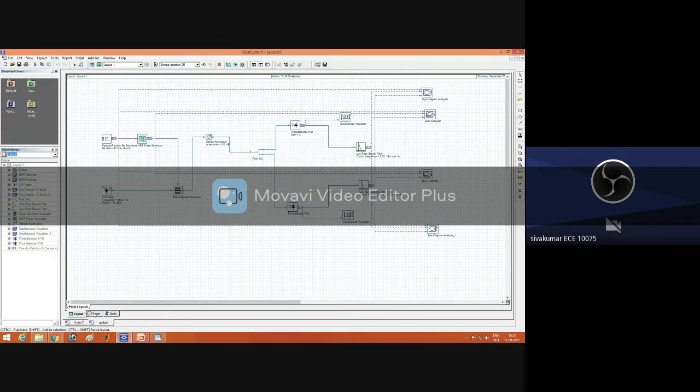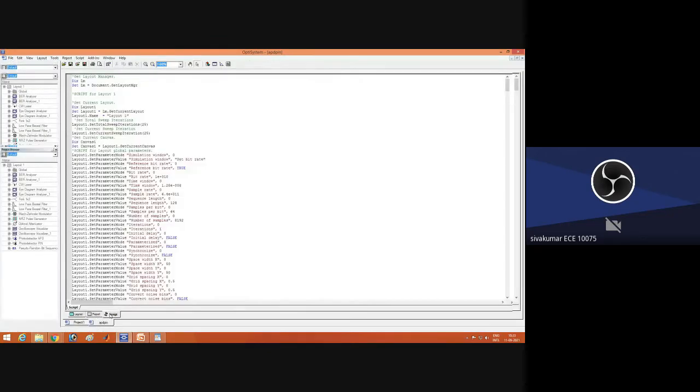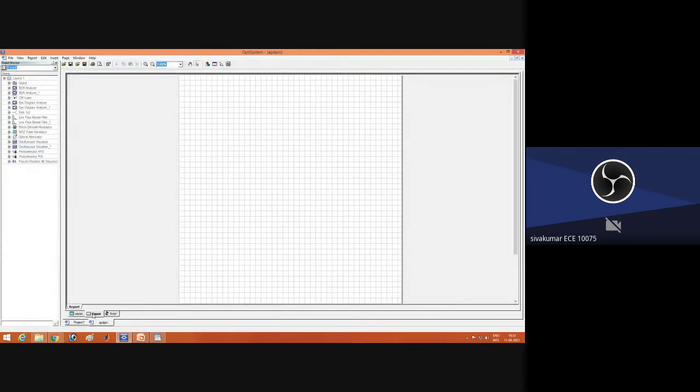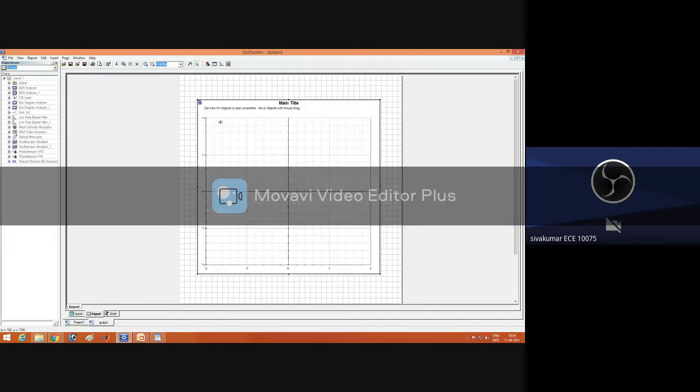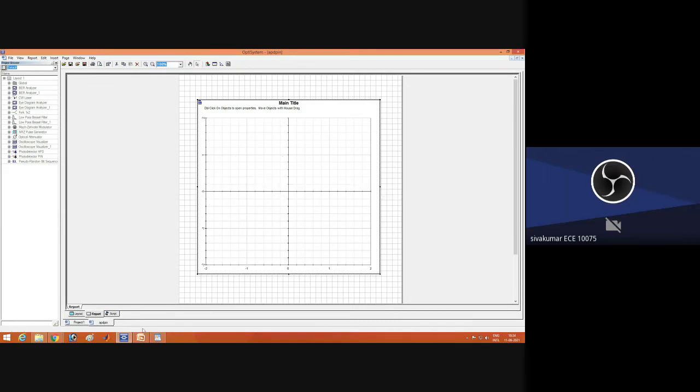Here main layout and report layout and script layout are there. Okay, based on that report, you insert the graph. Here you include this output of this photodetector and output of pin photodetector. Just drag and drop the result, you make it as a graph like this.